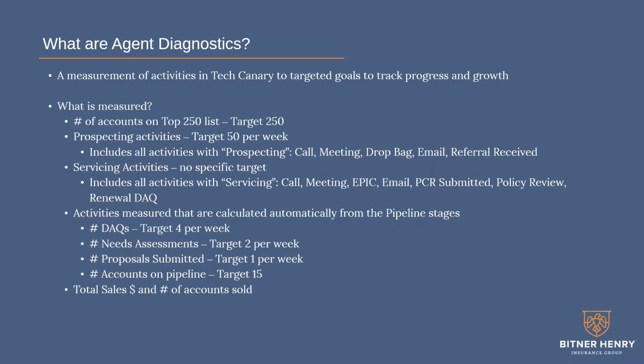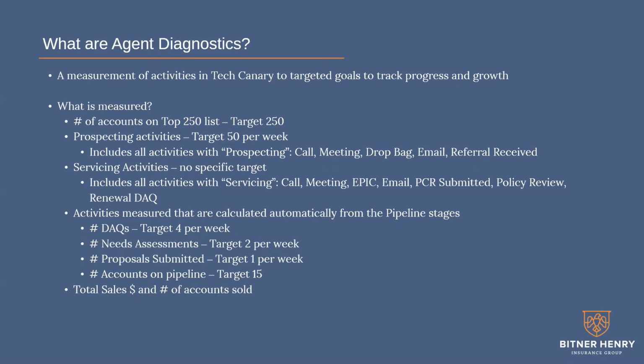So then we get into prospecting activities, and on prospecting activities, what we're looking at is we think that, when you're prospecting, you should have a combined total of about 50 touches per week. That's 200 per month. And with that, that includes things like your calls, your meetings, drop bags, emails, and referrals that you might be receiving from those activities.